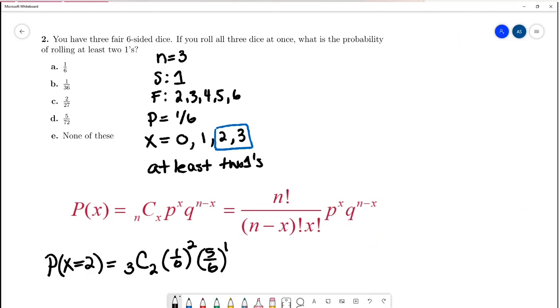And you can keep in mind that these two exponents will always add up to be the number of trials that we have. So let's calculate that combination formula. We have 3 factorial over 3 minus 2 factorial times 2 factorial.